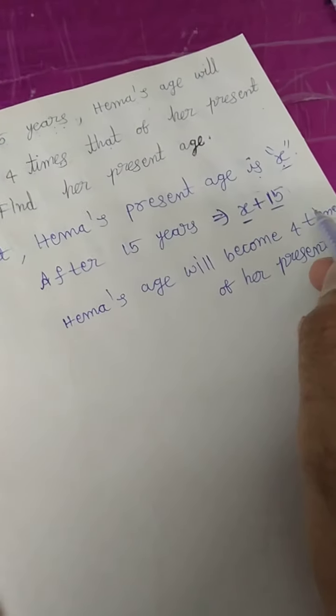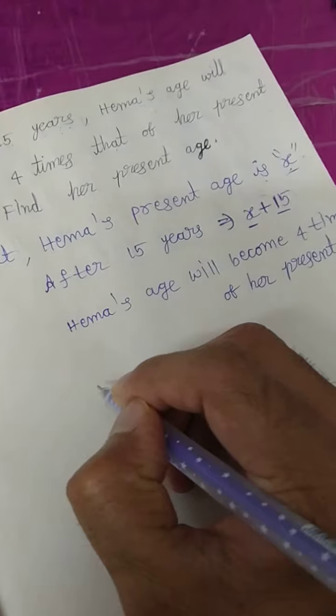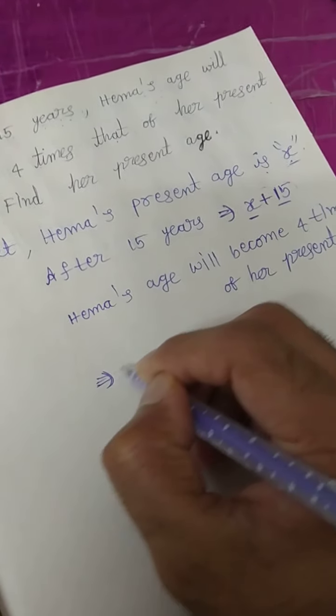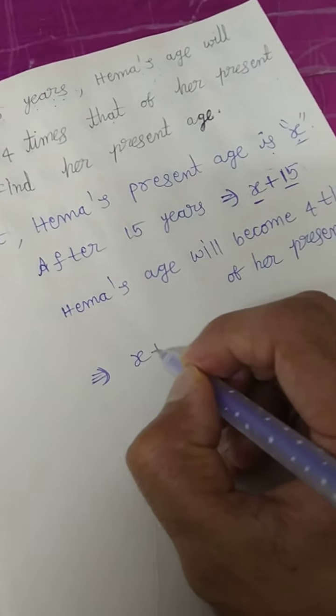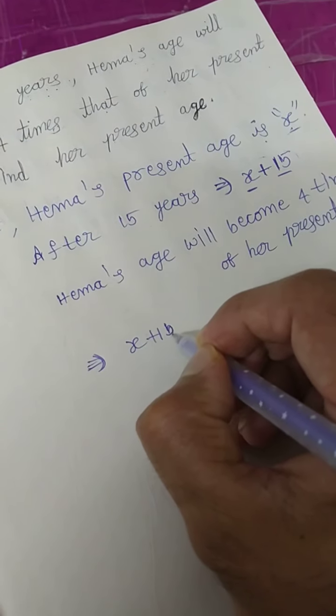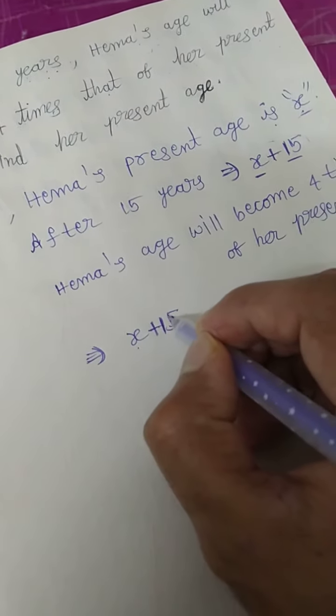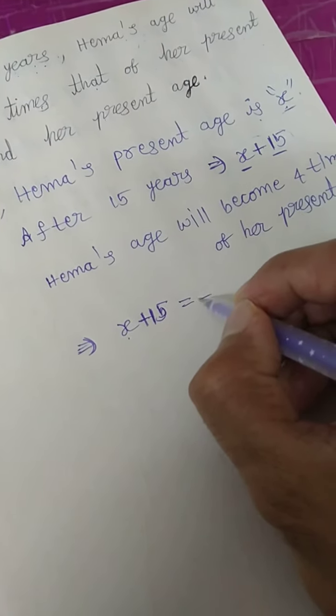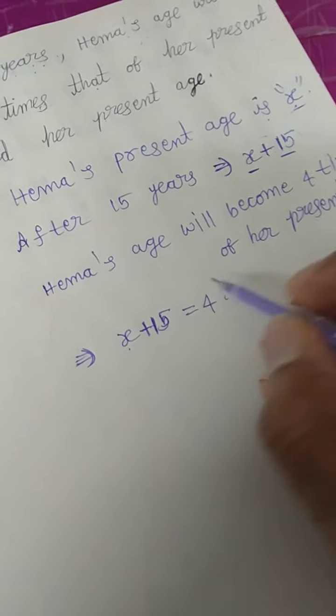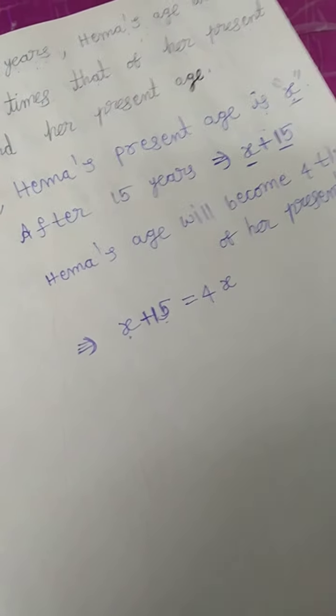Hema's age will become 4 times of her present age. That implies x plus 15. So Hema's age after 15 years will become 4 times of her present age. So x plus 15 is equal to 4x.